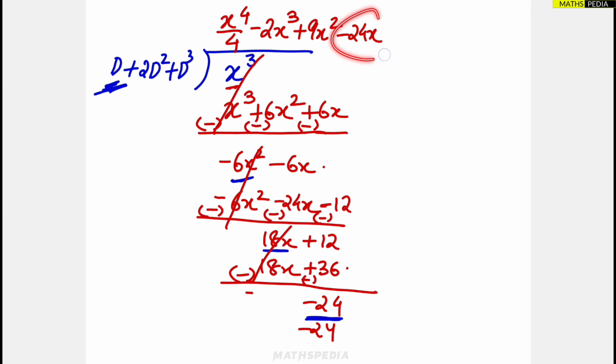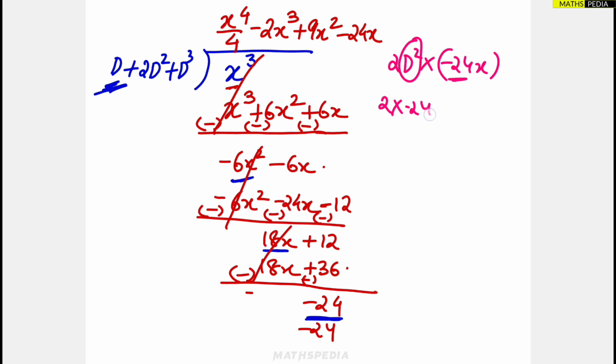Again we have to multiply this minus 24x with 2D square as well as D cube. Let us do that. So 2D square into minus 24x. Now we have to do double differentiation. Minus 24x I'll take it outside. So 2 into minus 24 into differentiation. First differentiation of x is 1, right? Now again if you differentiate, what happens? Double differentiation, right?